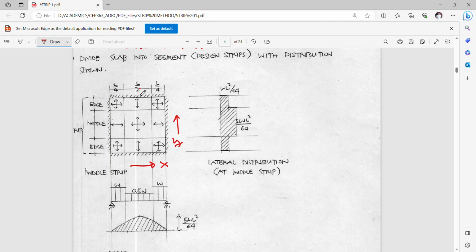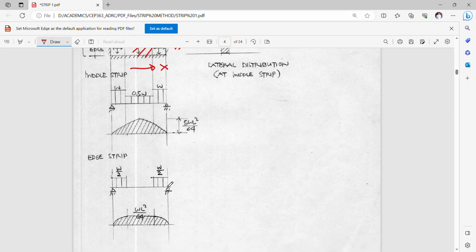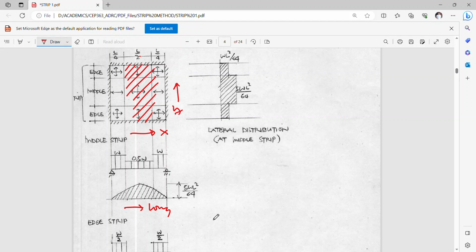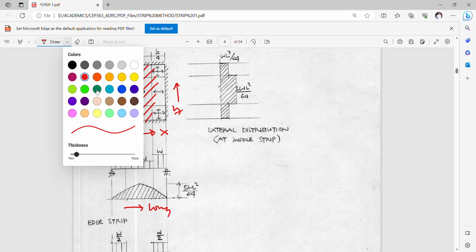If this is the middle strip that I'm talking about, and this is the longitudinal strip, the long strip, we take note that in the longitudinal strip we are talking of the middle strip defined in terms of this.